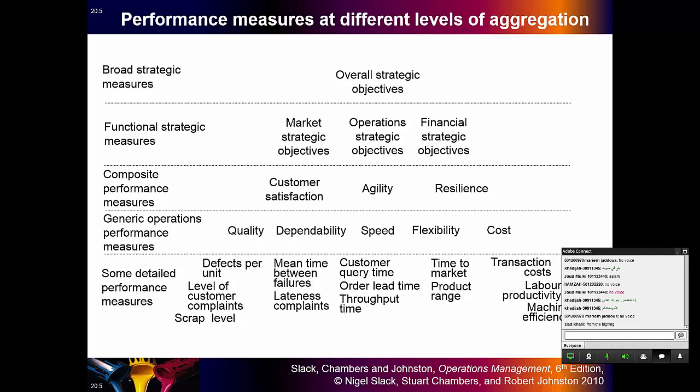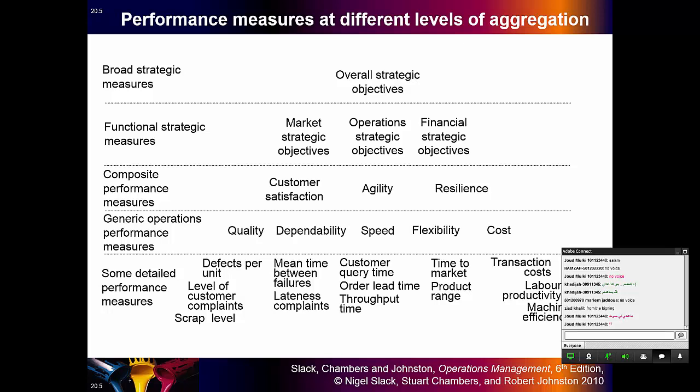So these 5 generic operations performance measures, you should know exactly how we can manage those 5 performance measures, and how we can measure them. Okay, like, for example, in the quality, we have some examples of measurements that we can use to find the quality.